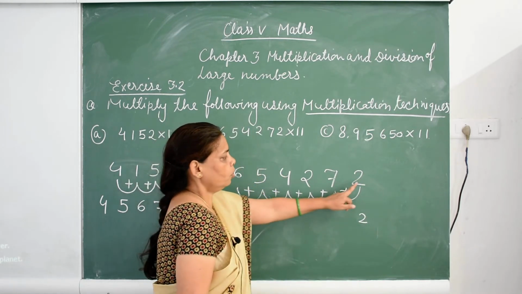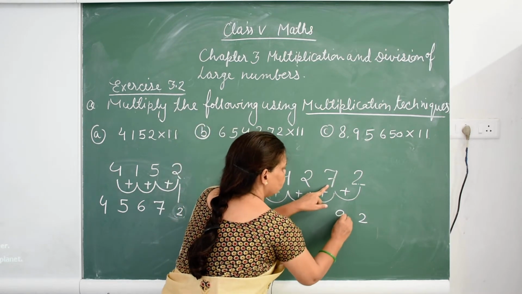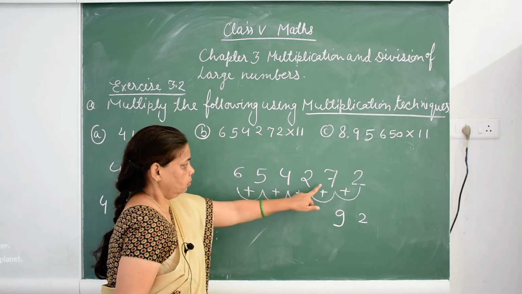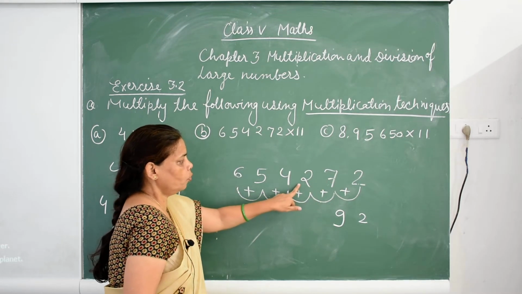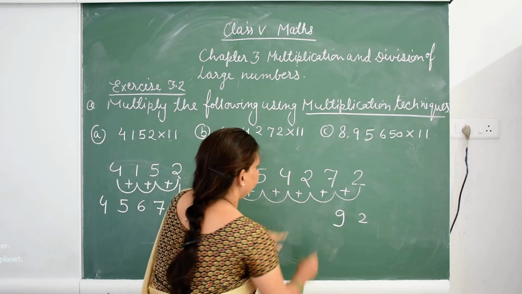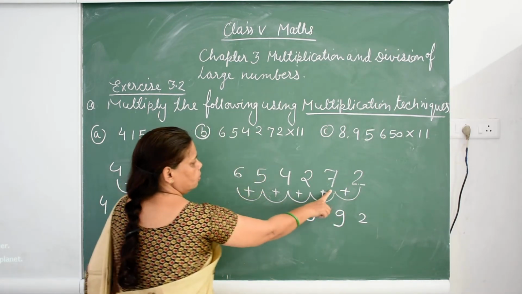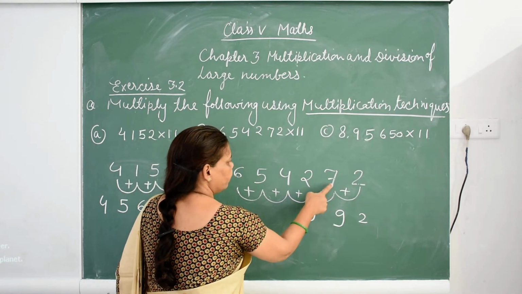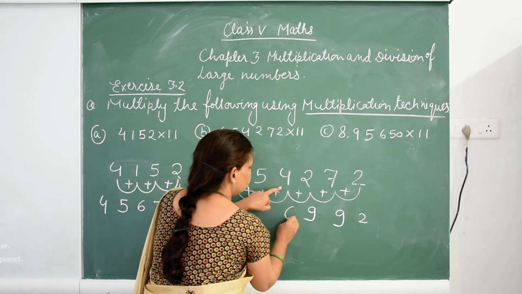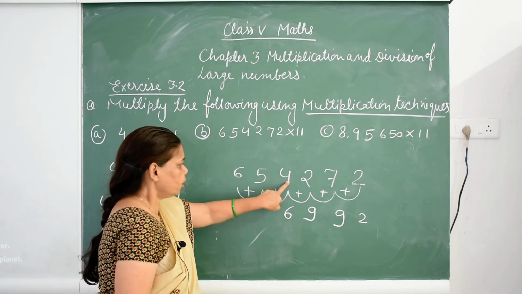Understand? Now 2 plus 7 is equal to 9. Then 7 plus 2 is again 9. Then 2 plus 4 is equal to 6. 2 plus 4 is equal to 6.